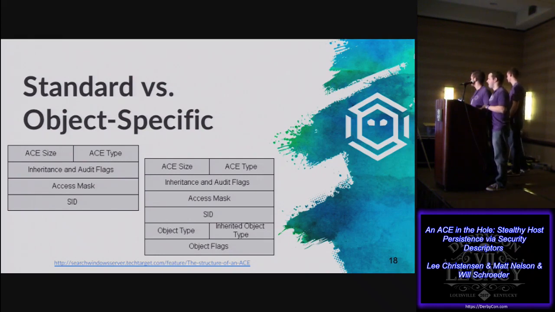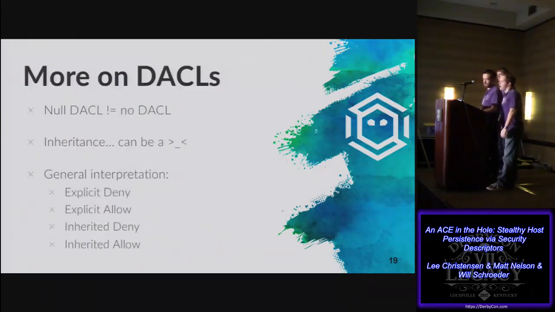It could be a service, a file, or an Active Directory object. That specific right applies to all of the objects. Whereas there are also object-specific rights. A service isn't going to have the same rights as a file. For services, for example, there's a create service right or a start service right, whereas a file might have file read or file delete.